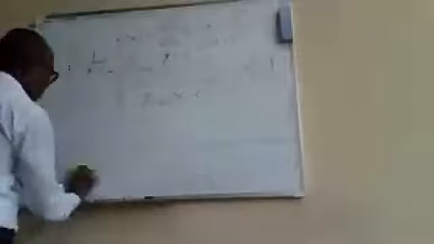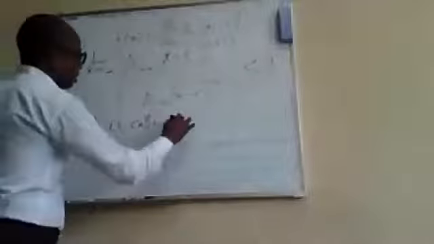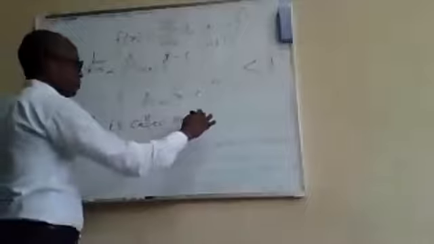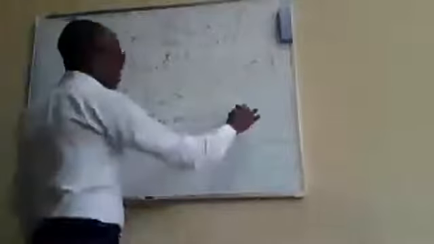Then, in another sense, when we have the rho that is being defined as 1 over n, this is called the radius of convergence.